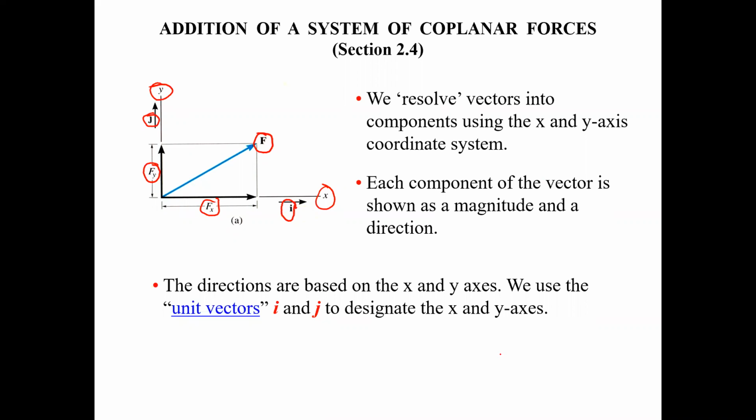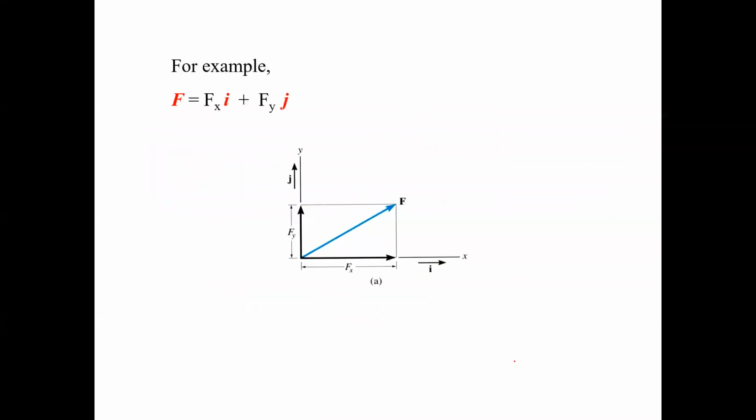We use the unit vectors i and j to designate the x and y axes. We already discussed that, right? The i, j, and k system in 3D space, and in 2D space we have i and j. All right, let's move forward.